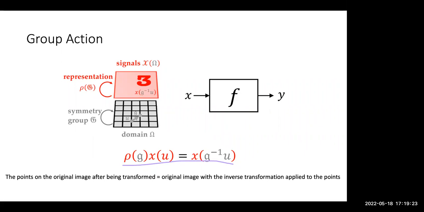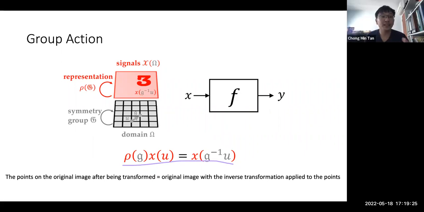Yes. Okay. So if you apply a symmetric transformation to your domain, it will affect your signals as well because your signals live on that domain. So if I apply a transformation to my domain, I can recover that transformation in my signal space by doing the inverse of that transformation in the signal space.